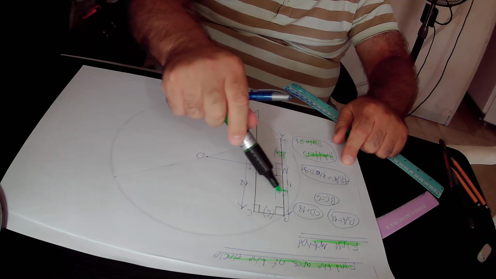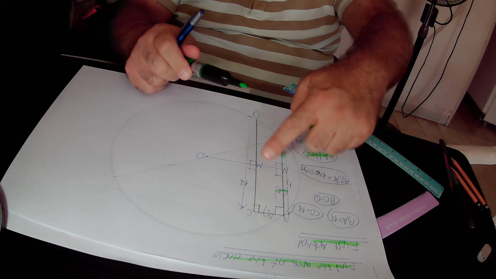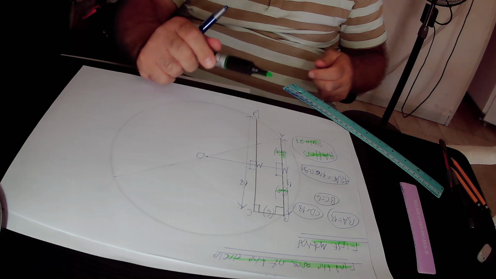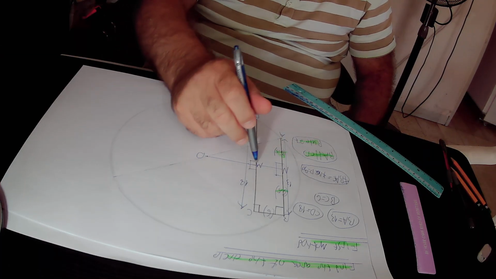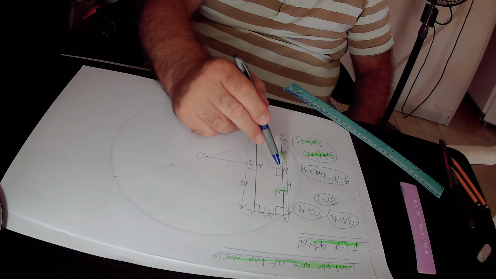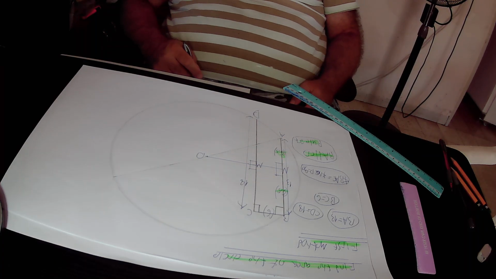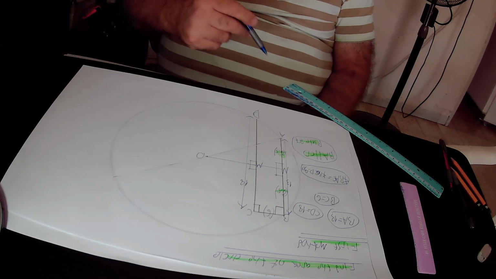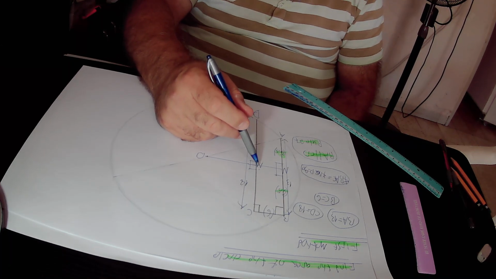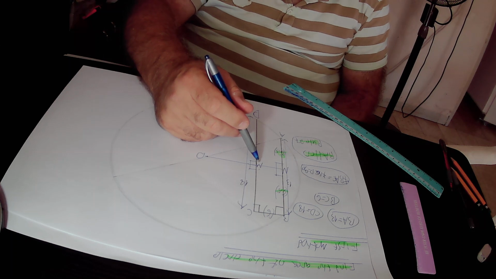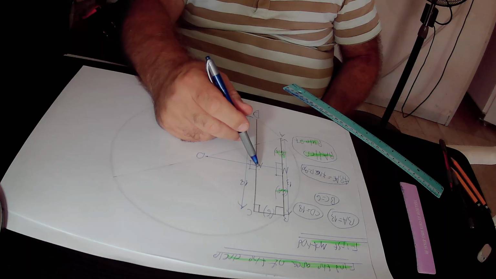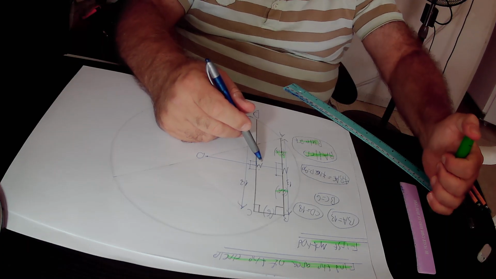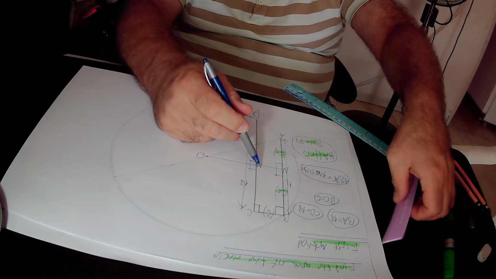If you focus on the upper quadrangle BCMN, we have 1, 2, 3 right angles. The sum of 3 right angles is 270 degrees. So 270 degrees plus the size of this fourth angle, in total, must be equal to 360 degrees, according to the rule that the sum of the angles in any quadrangle is equal to 360 degrees. And therefore this fourth angle must be equal to 90 degrees.